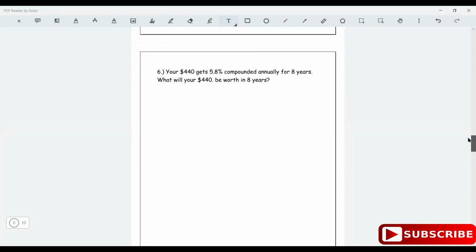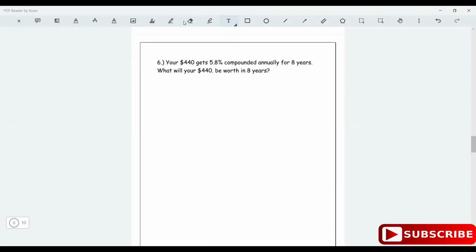All right, this question says you have $440 at 5.8% compounded annually. What will your 440 be worth in 8 years?